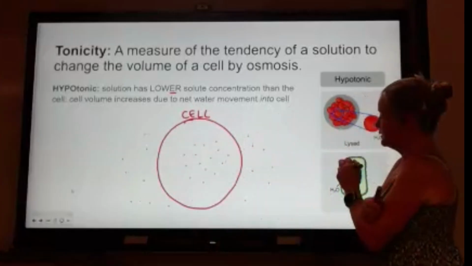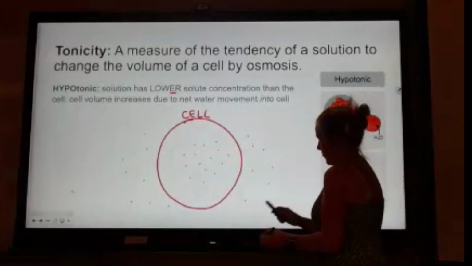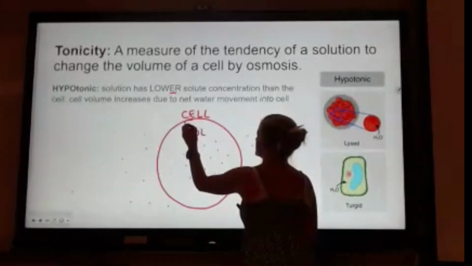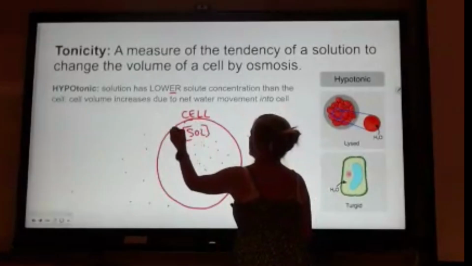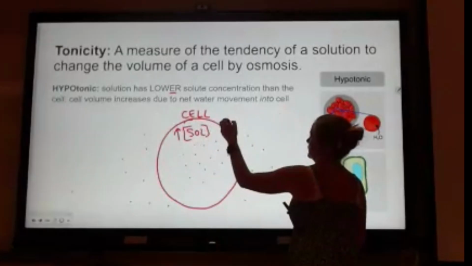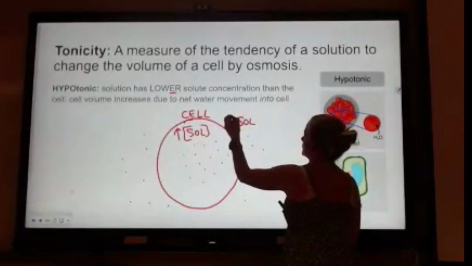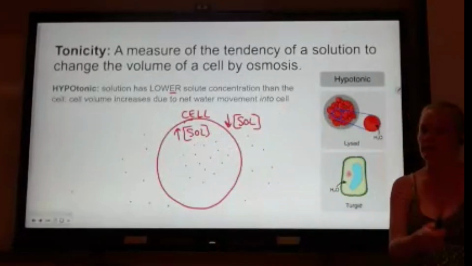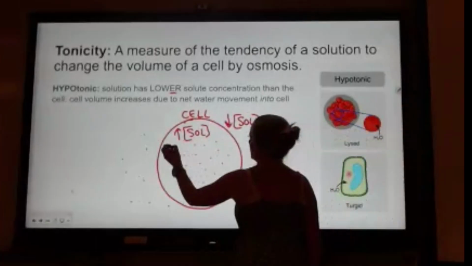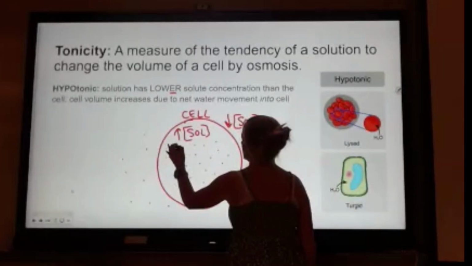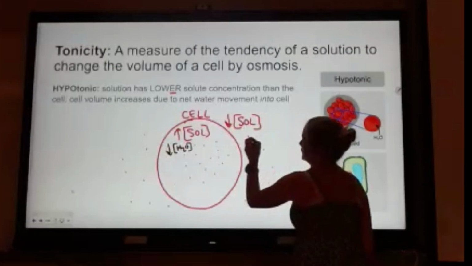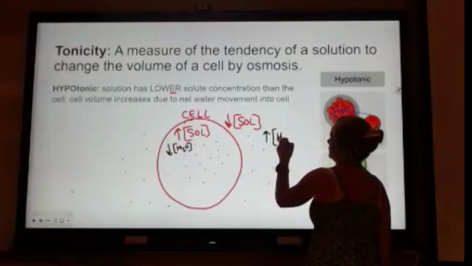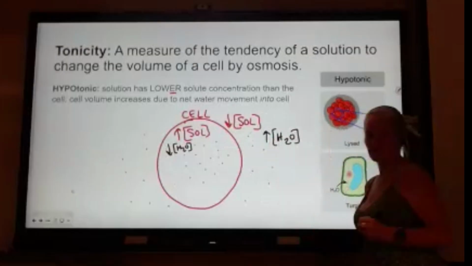So in this case, our solute concentration is higher inside the cell, and our solute concentration outside the cell is lower, which means that the water concentration inside the cell is lower, and the water concentration outside the cell is higher.